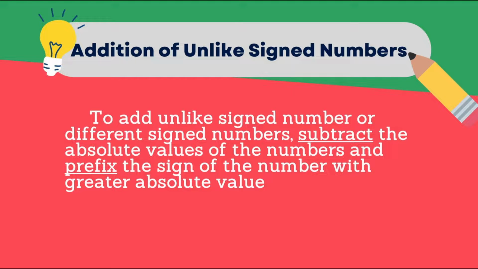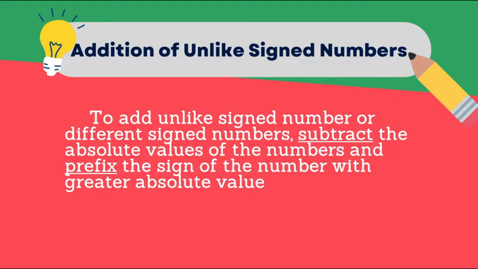To add unlike sign numbers, or different sign numbers, we're going to perform subtraction. That's why earlier I mentioned that basic subtraction is important, because we're going to apply subtraction on the unlike sign numbers.